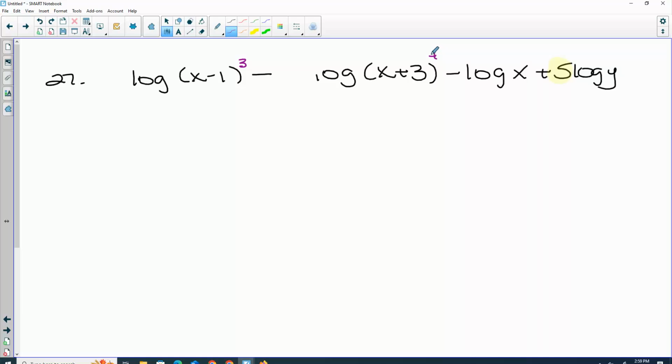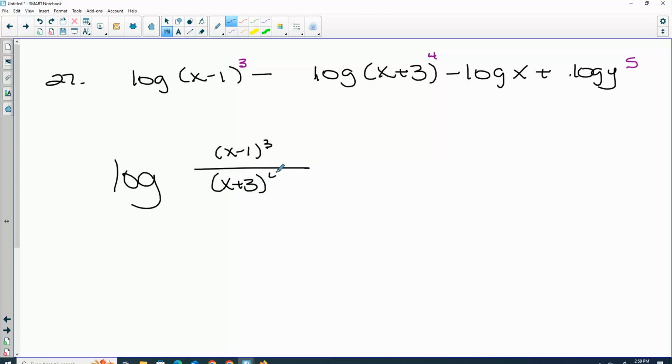So x plus 3 to the 4th. Okay, if I take away this 5, that's y to the 5th. So now I'm putting these as one big log. If it has a positive in front, it's going on top. So x minus 1 cubed goes on top. This one is minus. If it's being subtracted, it goes to the bottom. This one is also subtracted, so it goes on the bottom.